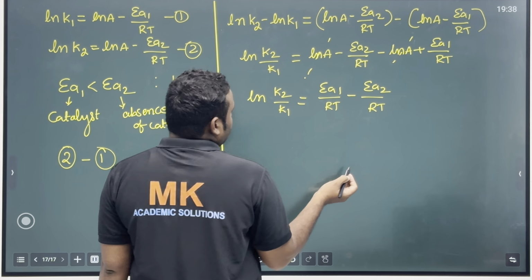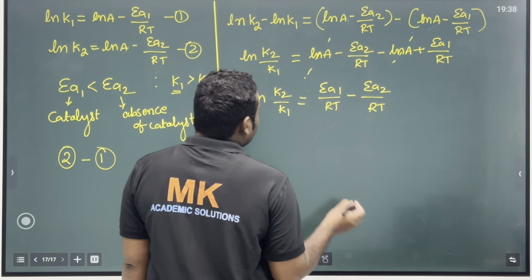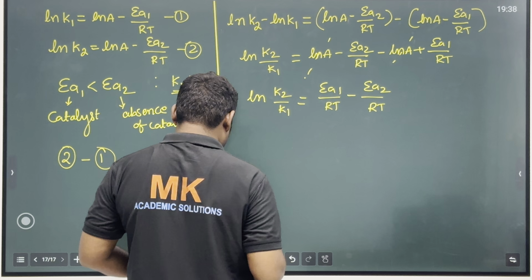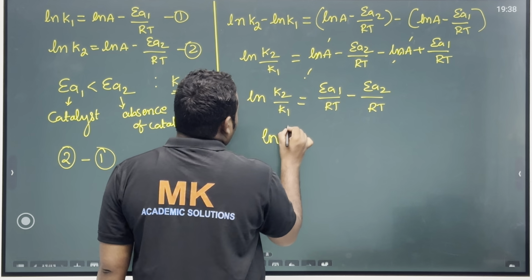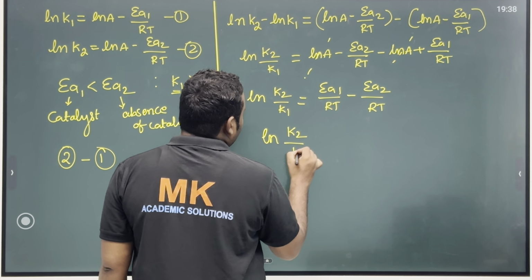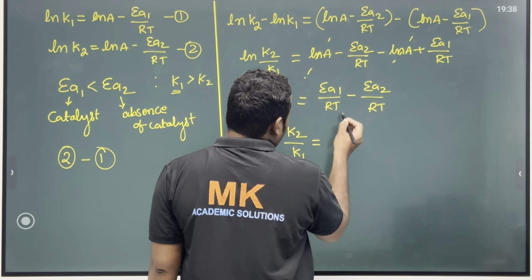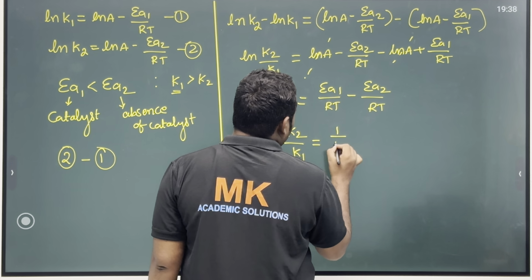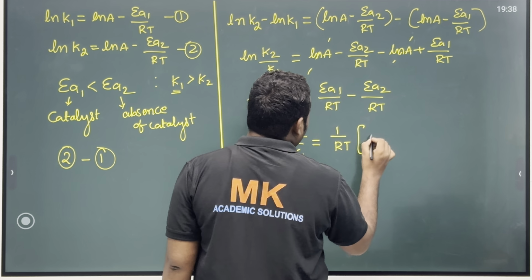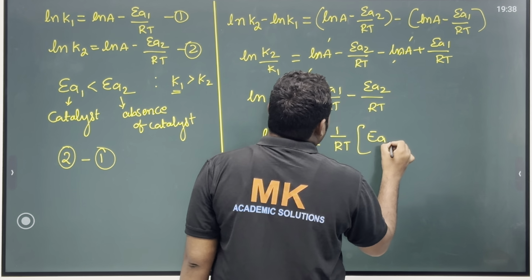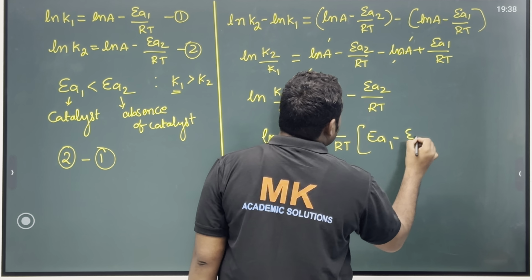Okay. So now ln K2 by K1 is equal to, you take RT common, 1 by RT, EA1 minus EA2.